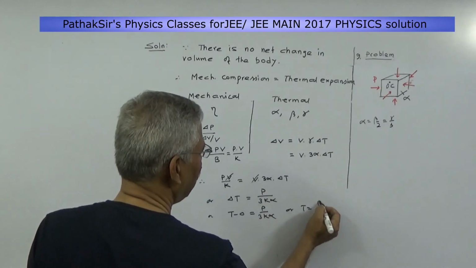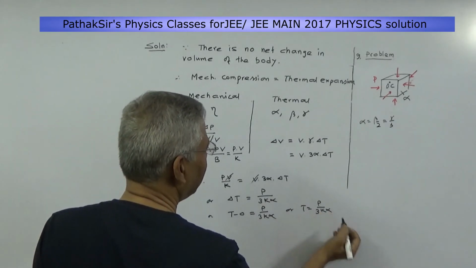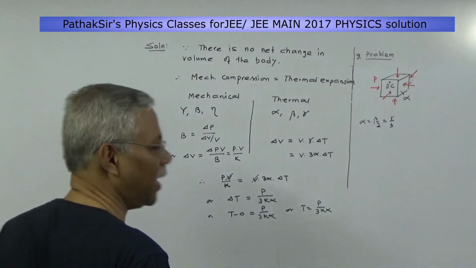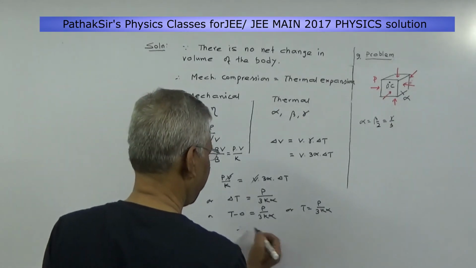So T equal to P by 3K alpha. So option A, no? Option A is correct.